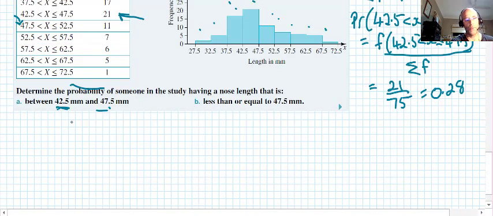So the probability now in part B of someone having a nose less than or equal to 47.5 millimeters in length.